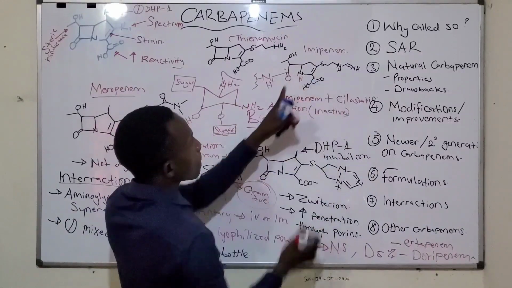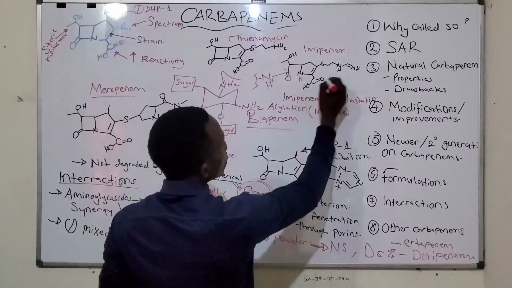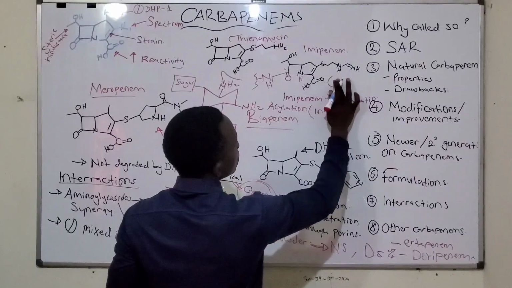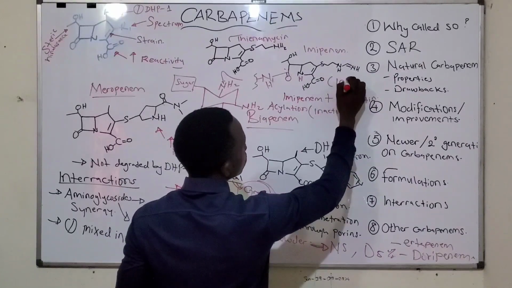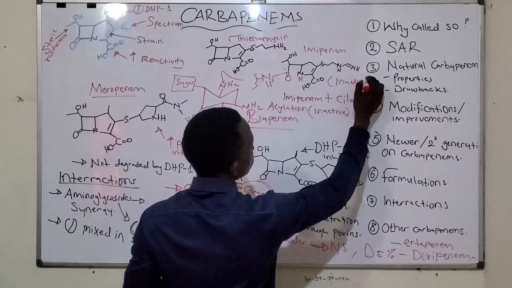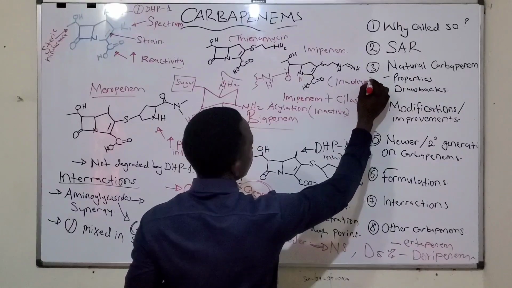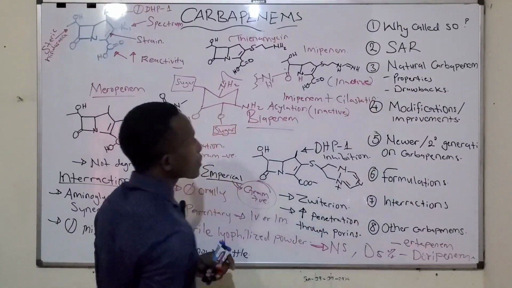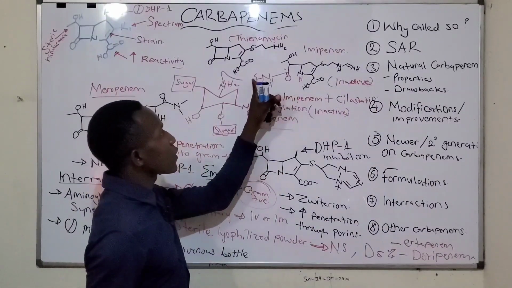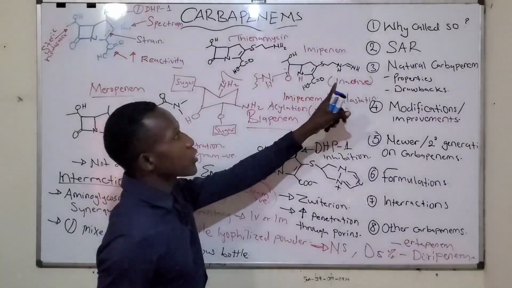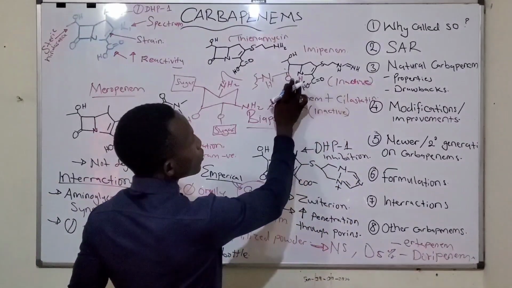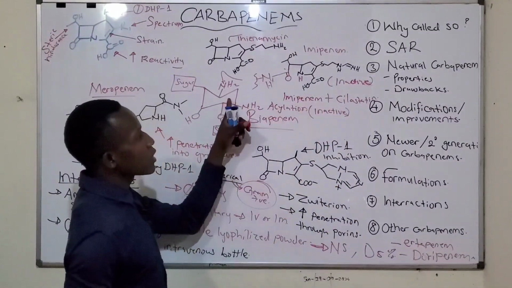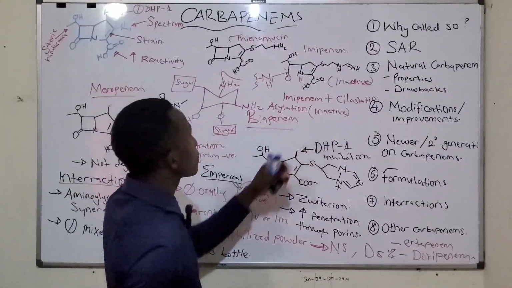And the beta-lactam ring is opened, so the carbapenem is also inactive. So if these drugs are mixed in the same intravenous bottle, we shall have inactivation. There is breakage of the beta-lactam ring and acylation of the aminoglycoside.